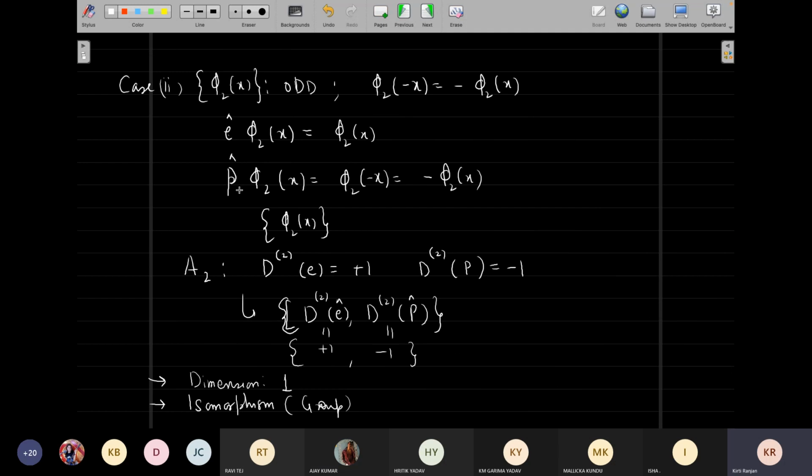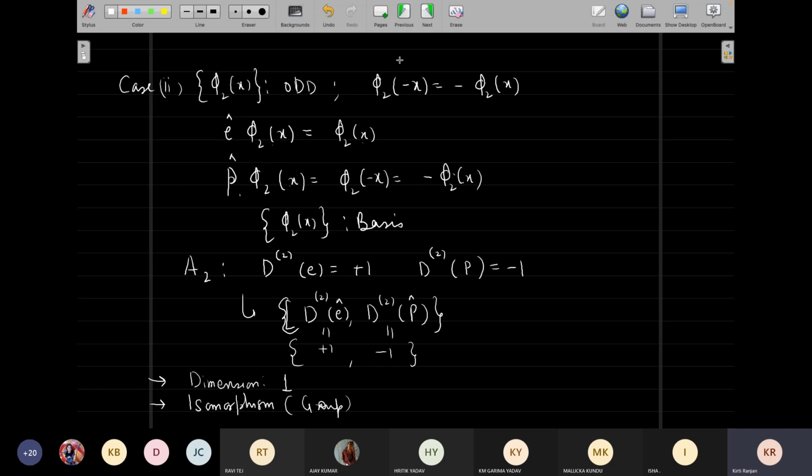Both E and P have phi 2x as their simultaneous eigenfunction also. So phi 2x is the only single basis function required in case 1 and case 2, and hence the representation turns out to be only a number. Why would I do that? Because ultimately I will show that every representation can be reduced to these two irreducible representations.